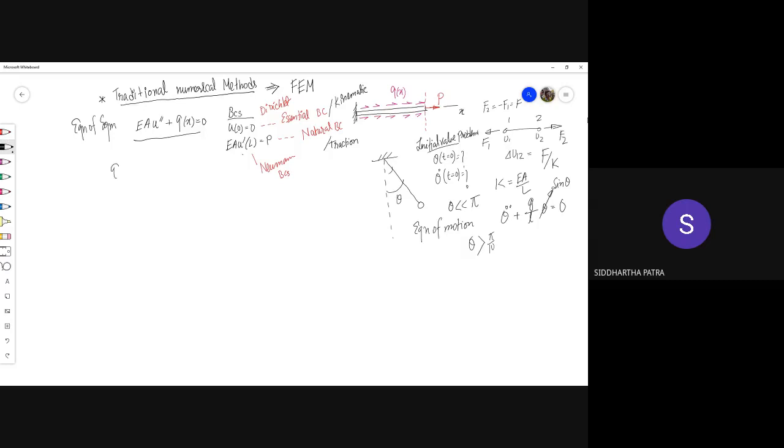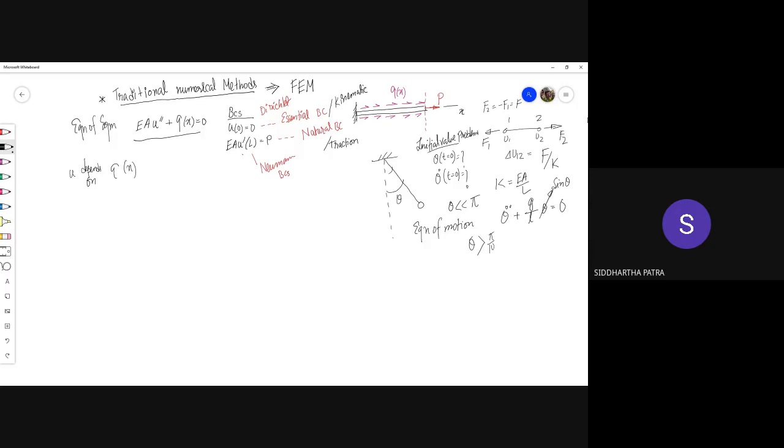Now, as we have discussed earlier, this q could be any function, and based on what type of function q is, the solution of u would differ. Whether you are doing an exact solution or a numerical solution, u depends on the functional form of q of x.